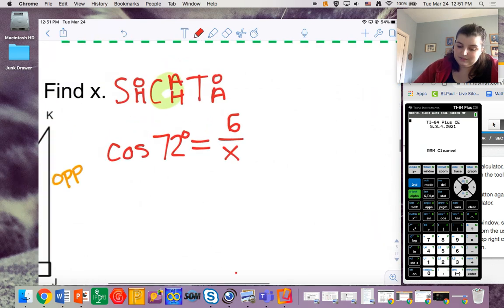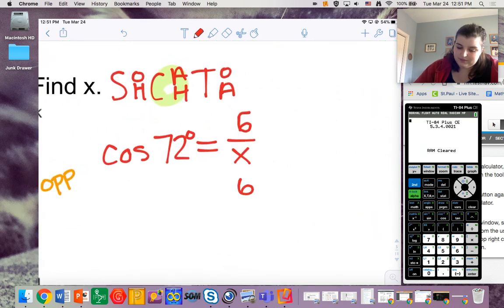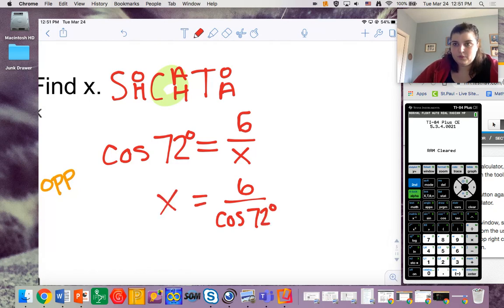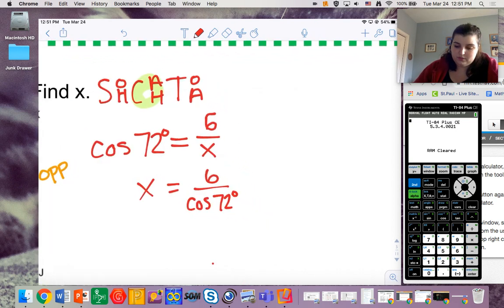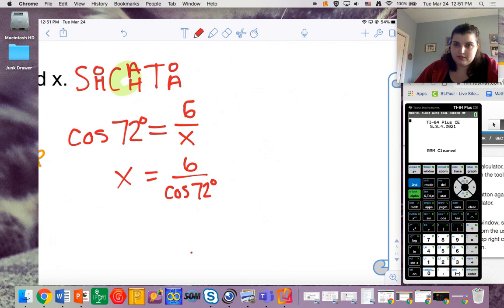So 6 divided by the cosine of 72 degrees should equal x. Okay, you could solve those multiple ways, but once we type that into our calculator, that's what the length of x is.